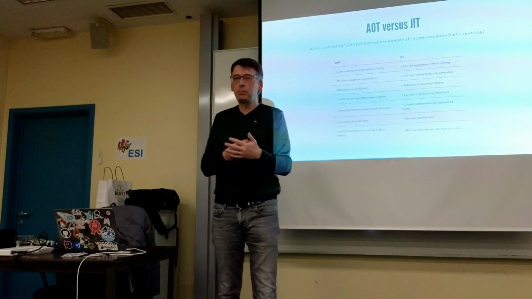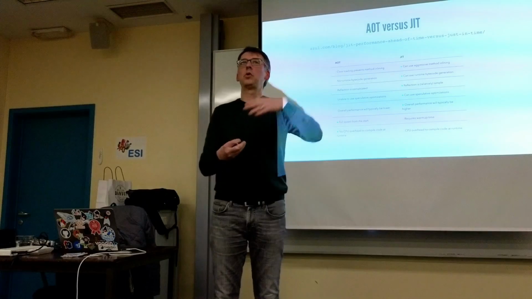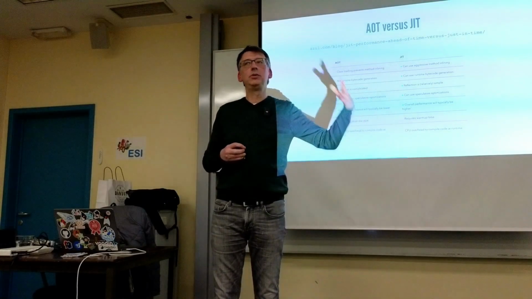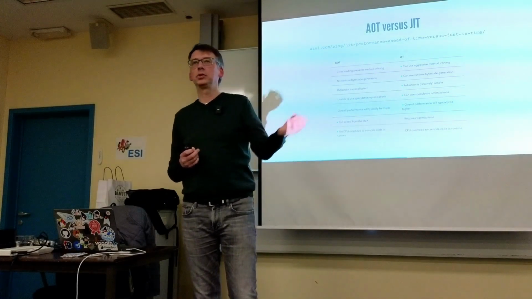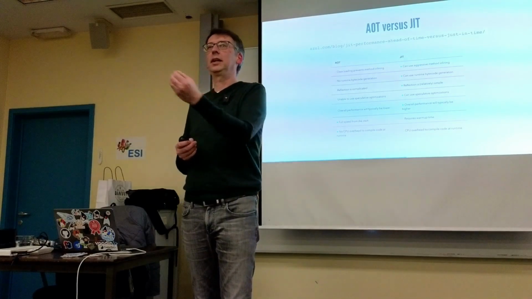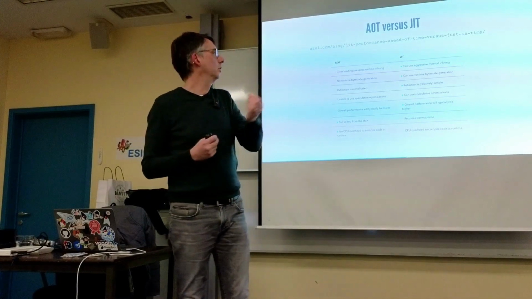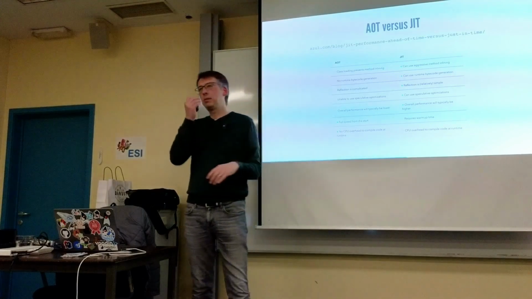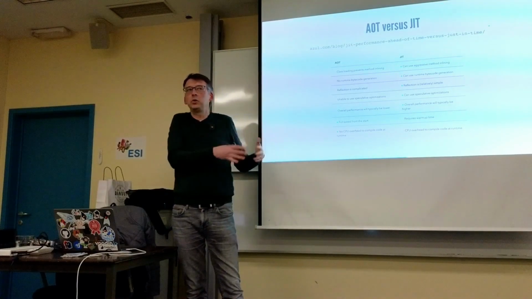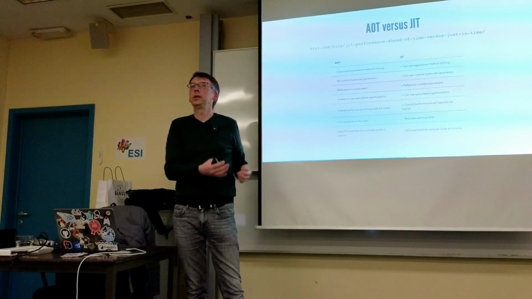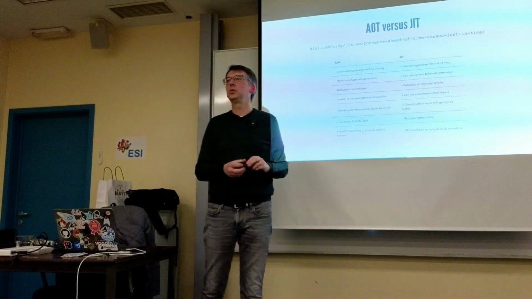It is able at all times to go back to the bytecode and recompile it to be the best possible solution for your use case at that moment. With ahead of time, you lose that capability because the bytecode is not there. There is no possibility to convert bytecode into native code anymore.